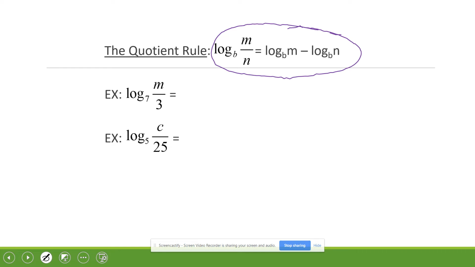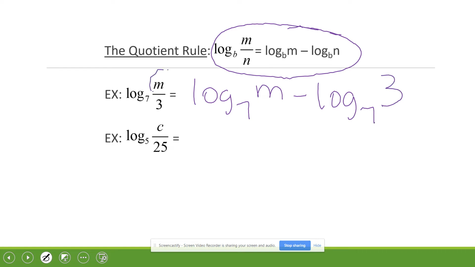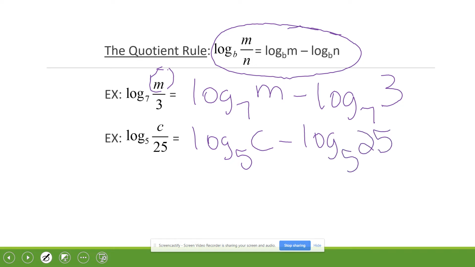So in our first example, we would write log base 7 of m minus log base 7 of 3. Remember, order matters in subtraction. The numerator or the value on top has to be first. Our second example, we have log base 5 of c minus log base 5 of 25.